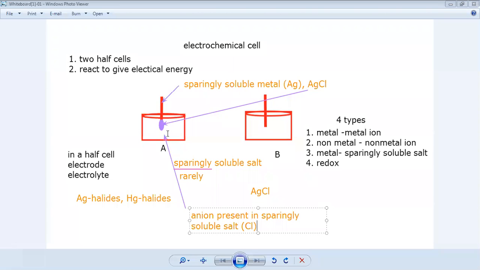Then the anion which is common should be present in the sparingly soluble salt. So by this we are preparing this kind of metal sparingly soluble salt.